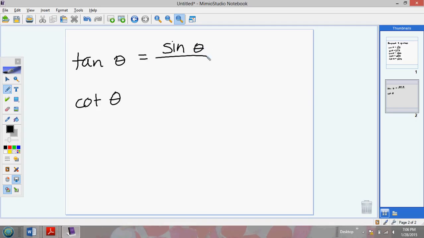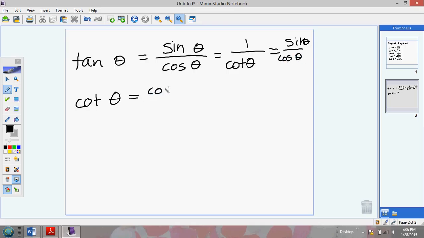And so therefore, its reciprocal is 1 over cotangent of theta, which becomes then sine over cosine. Okay, ran out of space there on the end. And cotangent is similar. Cotangent is originally cosine over sine, and so its quotient is 1 over tangent of theta, which is cosine over sine.